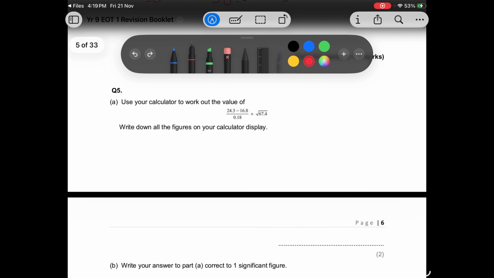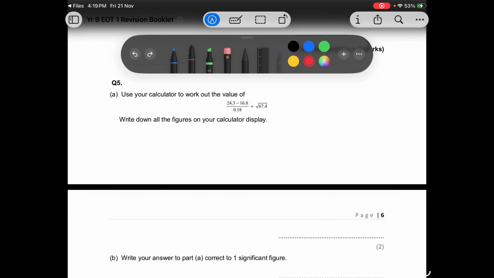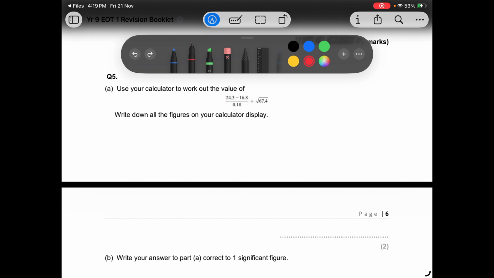Okay, so after using my calculator, the answer here is 49.87, and many things here, 641, blah blah blah. You have to write them all as requested in this problem. Then one significant figure means that what we have to pay attention to is the first one here.